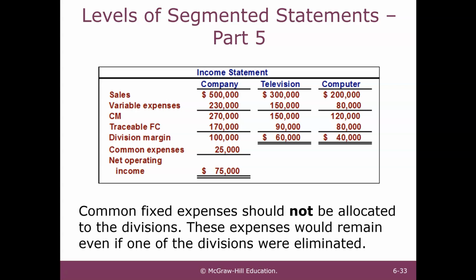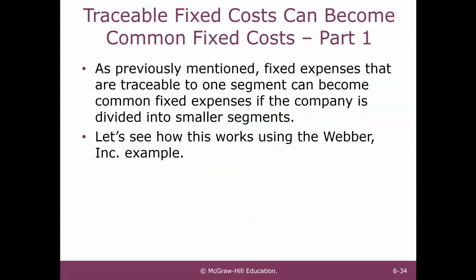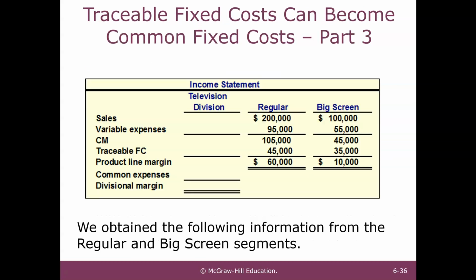Okay, now we're going to look at one division, and we're going to look at different product lines within the TV division. The TV division has regular or big screen TV, and we can go down to the product line margin. The regular TV has a product line margin of $60,000, and the big screen has a product line margin of $10,000.